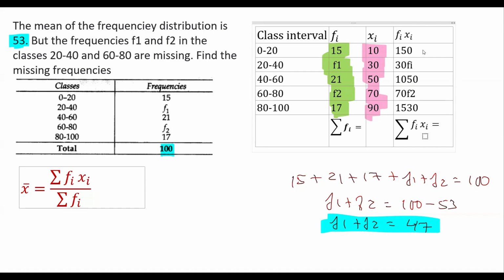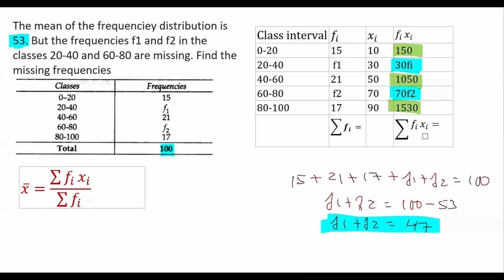Now we have to get the summation of this. That means we have to add these numbers, keeping in mind, and this is a very important thing, that we will not be including these first ones while finding the sum. So I'm getting the sum of this plus this plus this.